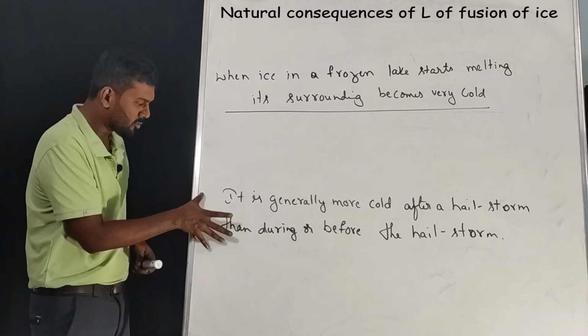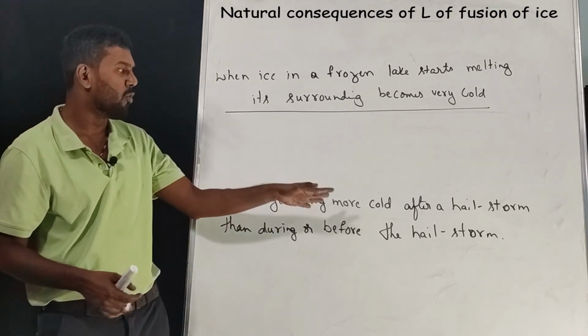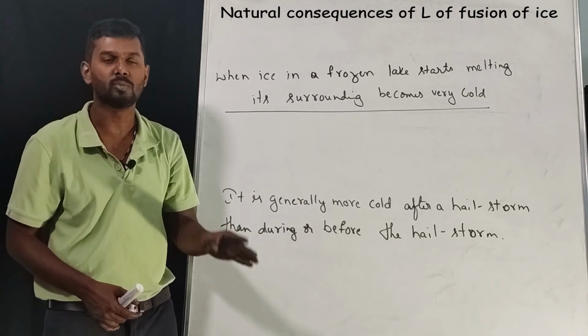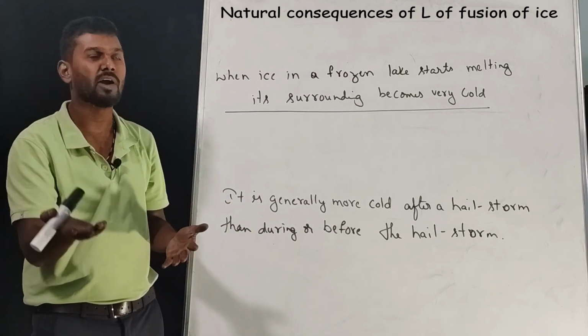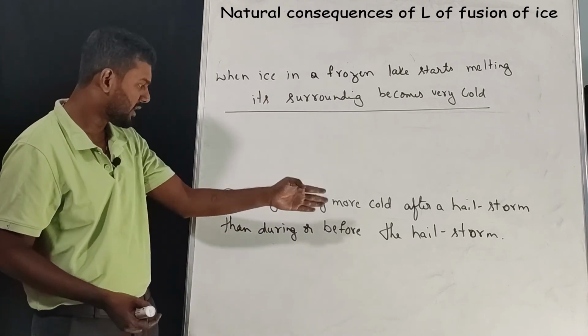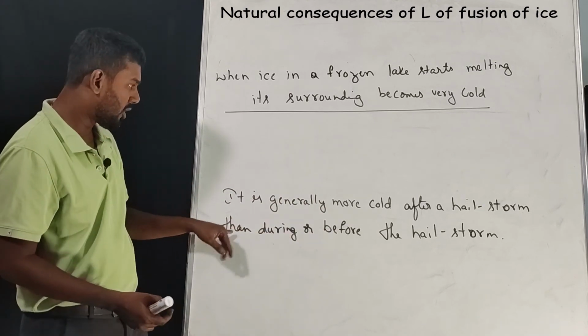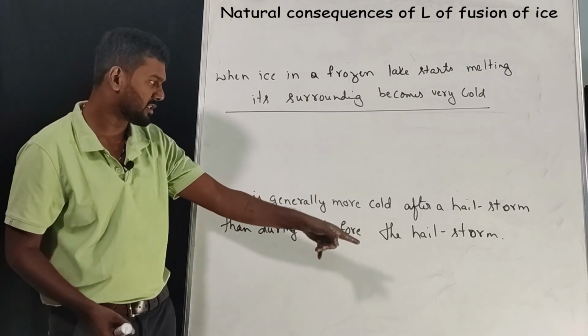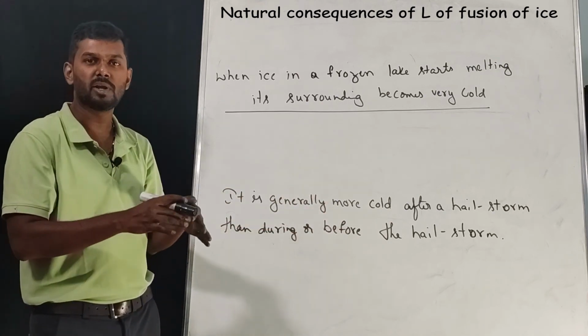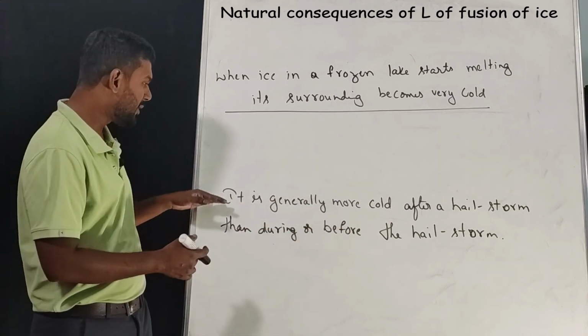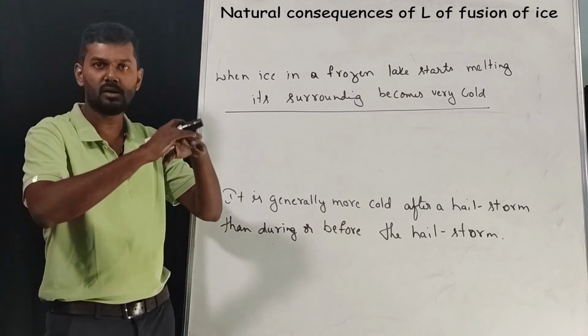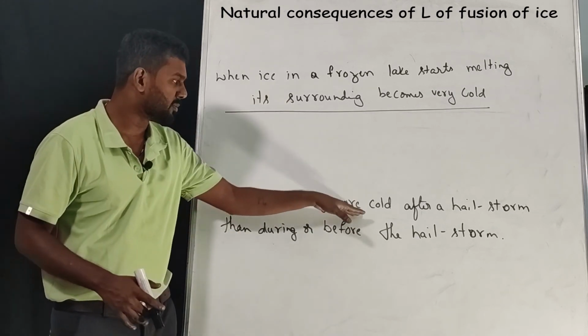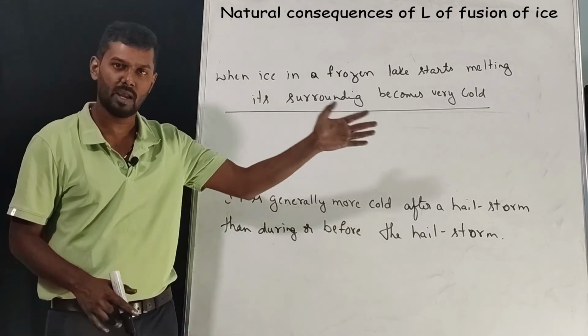In the same way, we have one more question. It is generally more cold after a hailstorm. A hailstorm is nothing but melting of ice. The same concept. Here they have added one condition. During and before the hailstorm, the temperature will not be that cold, but immediately after the hailstorm, when the ice melts, the temperature will be very cold. Why?